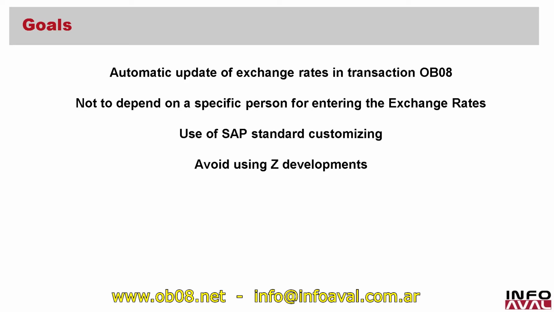So our customers connect mostly once a day via TBD4 to our site. They obtain the information, and the standard transaction TBD4 populates automatically the table TCURR, which is the table that we see in transaction OB08.